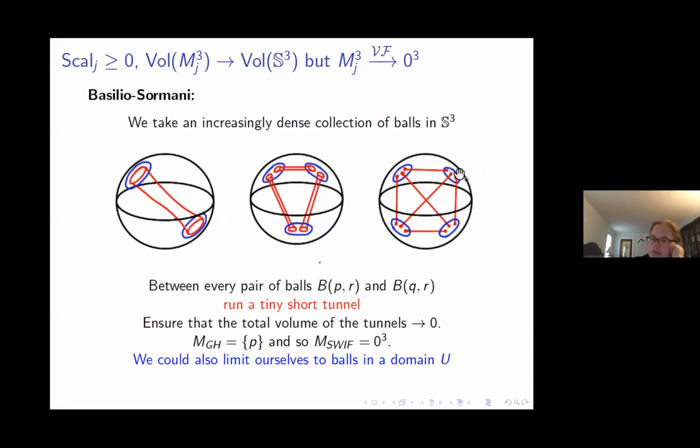If we wanted to try to prove that the limit space is a geodesic space, you would want to say that if you have, say, a point PJ here and a point QJ here, and you found the midpoint XJ, which in this case would be in the tunnel, we want to say that XJ doesn't disappear if we assume scalar and Minet lower bounds. But one way to think about it is to look at the sequence and say, okay, if I look at PJ and QJ here, and I take a distance from PJ and I create a slice, what does that slice look like on this bad space?